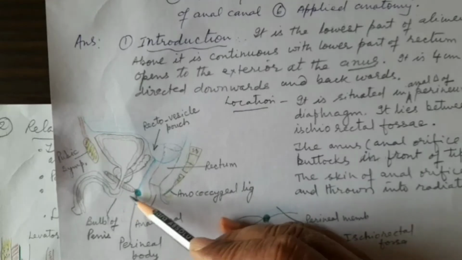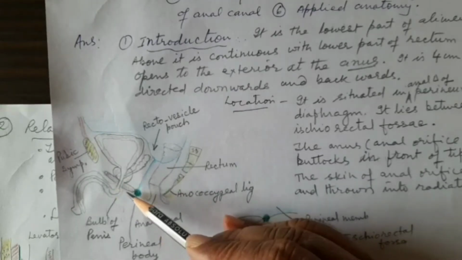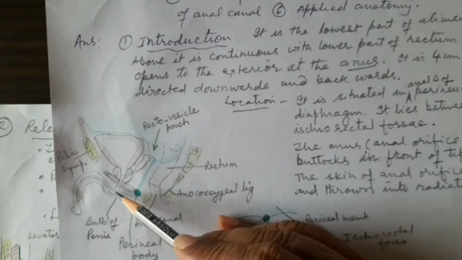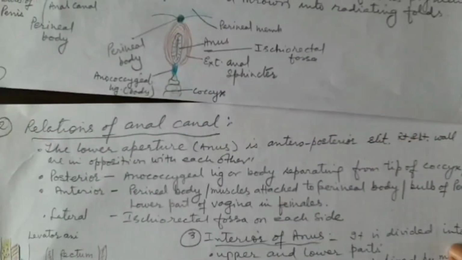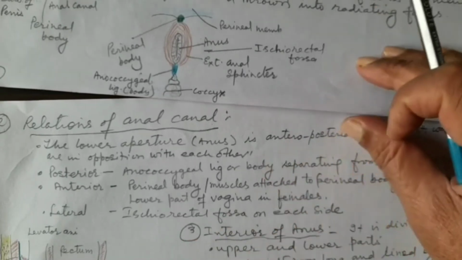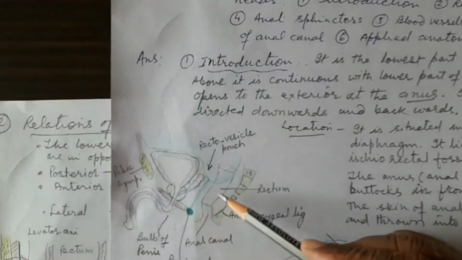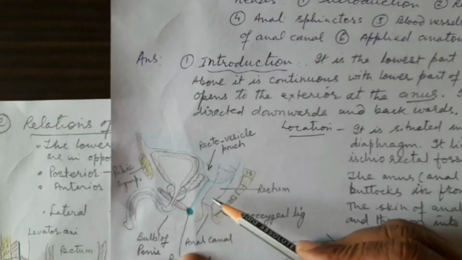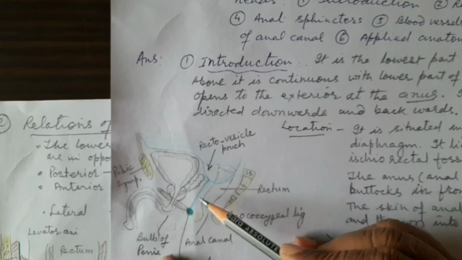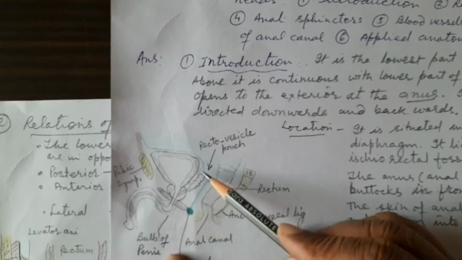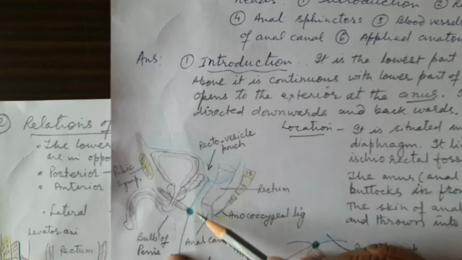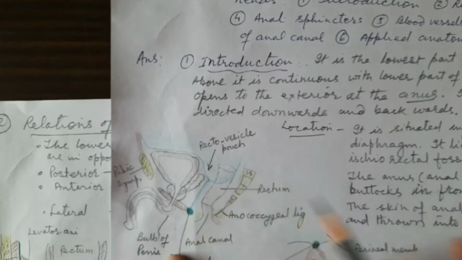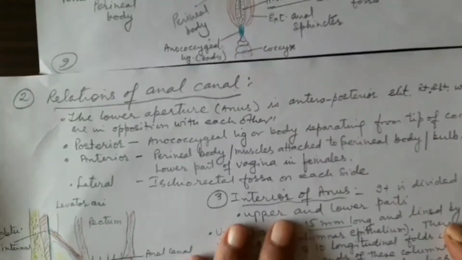Then still in front of this is the urogenital diaphragm, and this is the bulb of the penis, which comes in close relation anteriorly. In case of the female, it will be the lower part of the vagina, because this is the male. This is a mid-sagittal section of the pelvis passing through the male, but in the female, between the urinary bladder and rectum, there will come the vagina. So anteriorly, the lowermost part of the vagina will also be related in case of females.